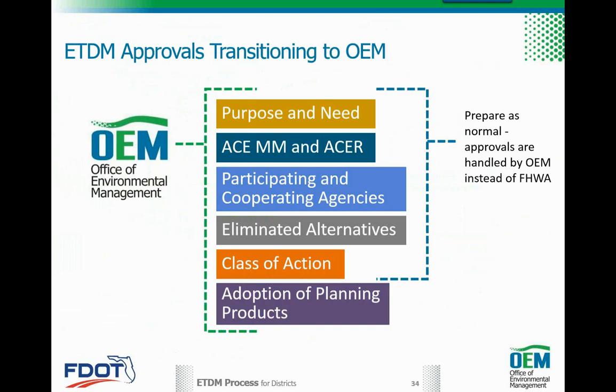There's a formal adoption of a planning product. And really, for those that are familiar with how the environmental screening tool works and how these approvals work, it's all electronic. It's an email. It's a request for formal adoption, and then it's an act on our part of saying, yes, we adopt those products. And it's just documenting that exchange.